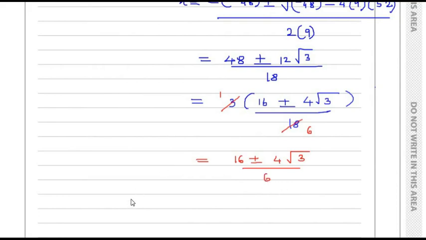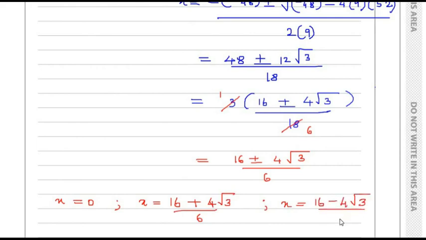So we now have 3 values of x: x is equal to 0, x is equal to 16 plus 4 root 3 over 6, and another value of x is 16 minus 4 root 3 over 6.